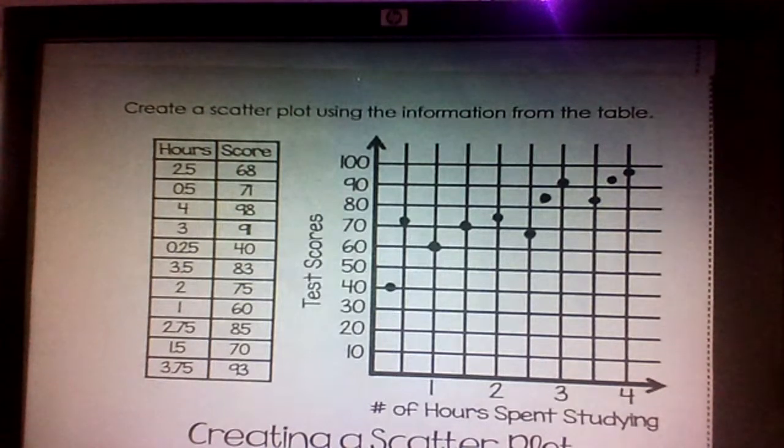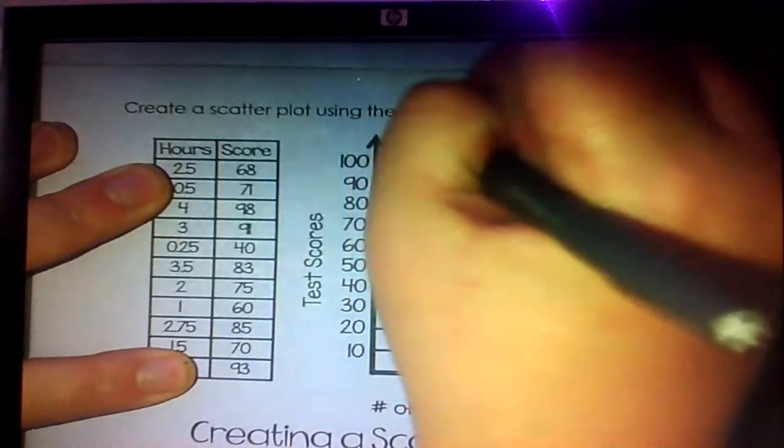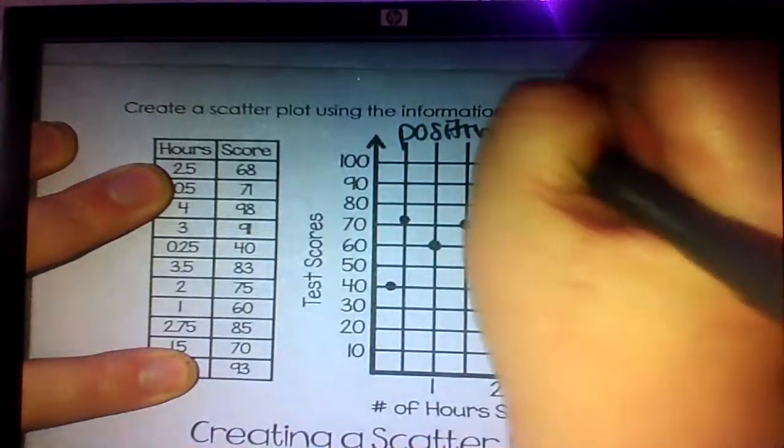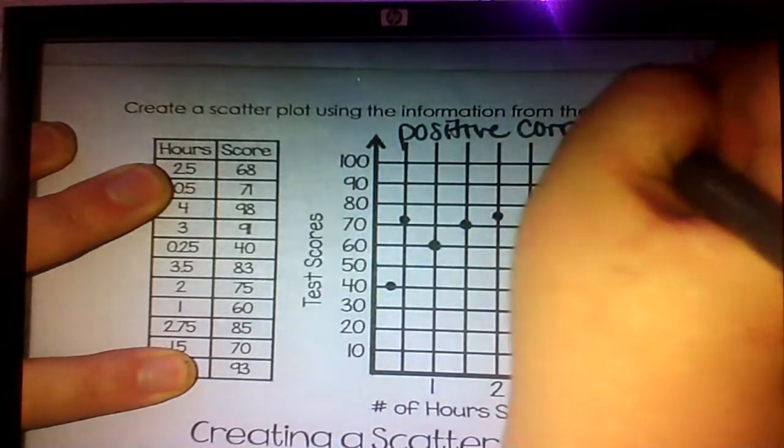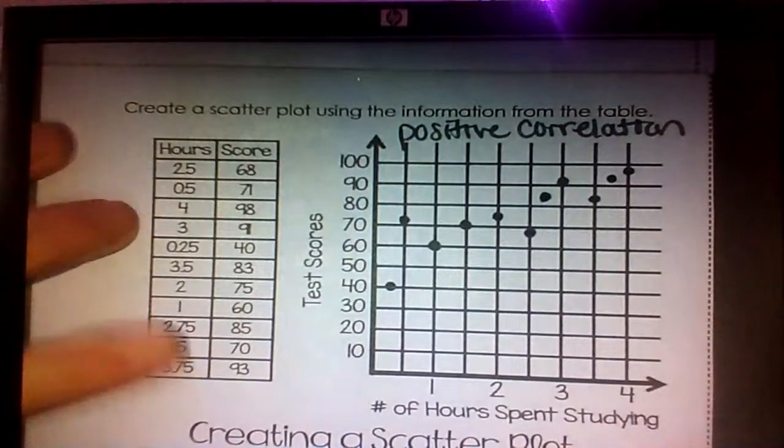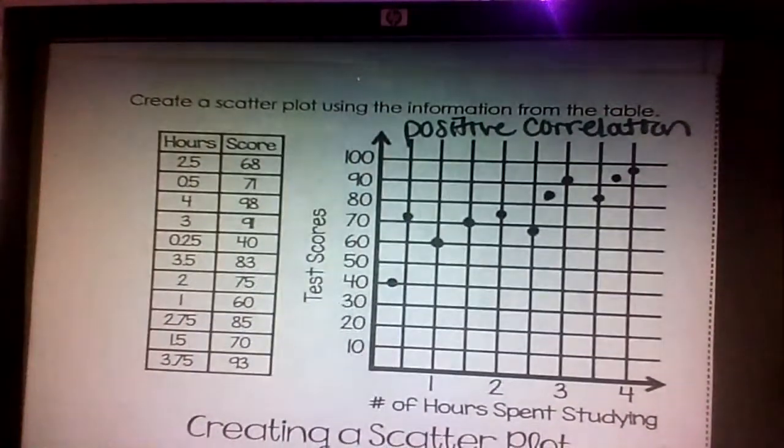If you would like, add that in here somewhere.